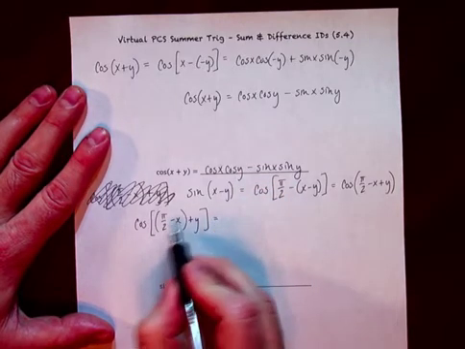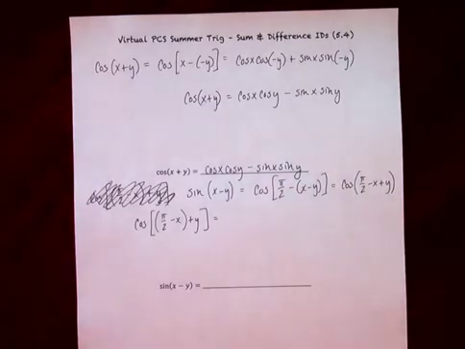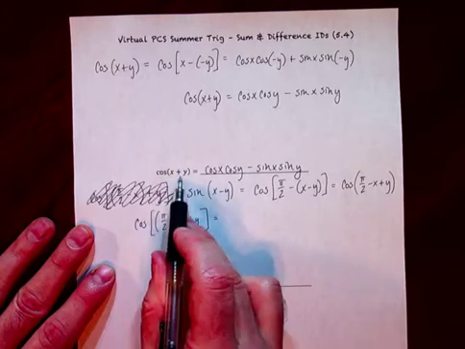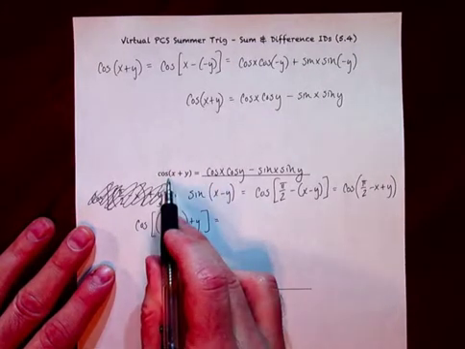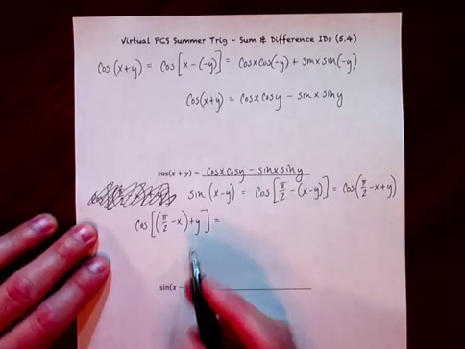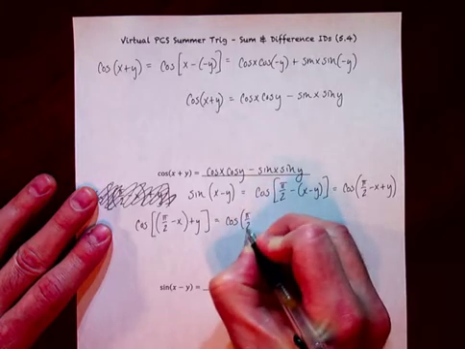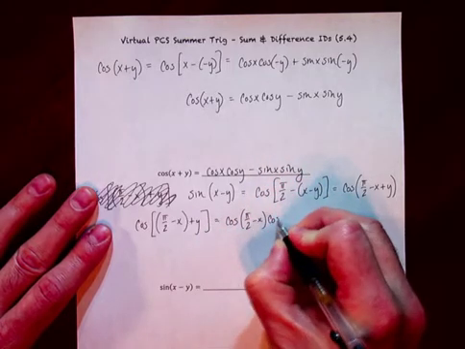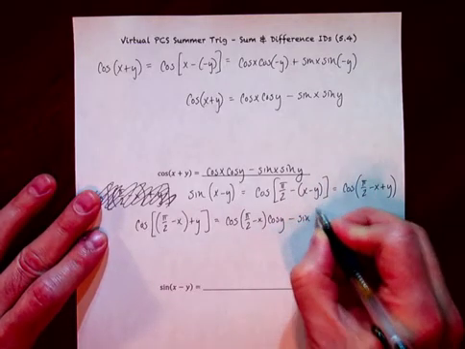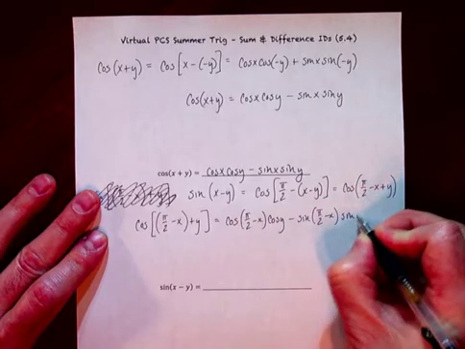Now, I simply have to treat pi over 2 minus x as one quantity, and basically what I have here is a different version of that, right? But instead of plugging in x for this cosine and this sine, I'm going to plug in pi over 2 minus x. So I get cosine of pi over 2 minus x and cosine y minus sine of pi over 2 minus x and sine of y.